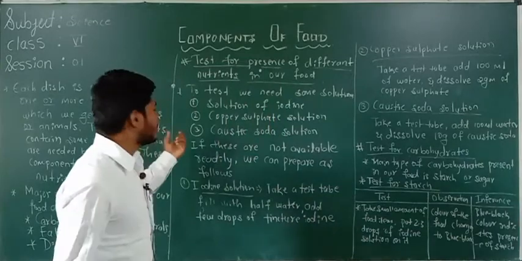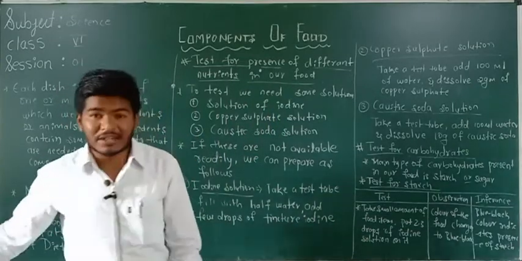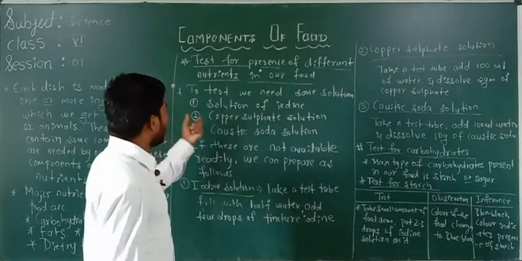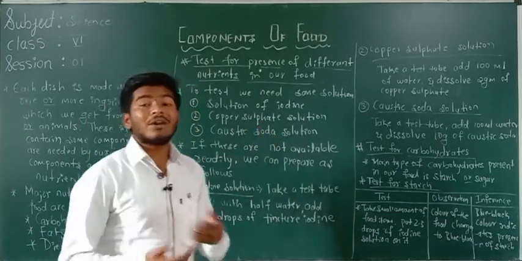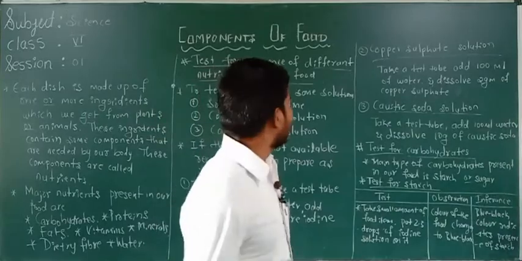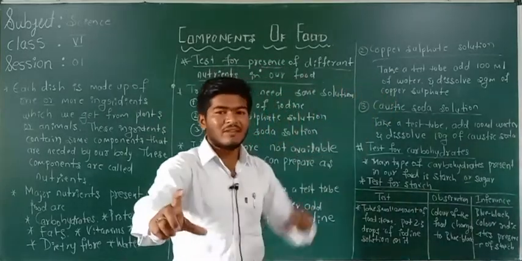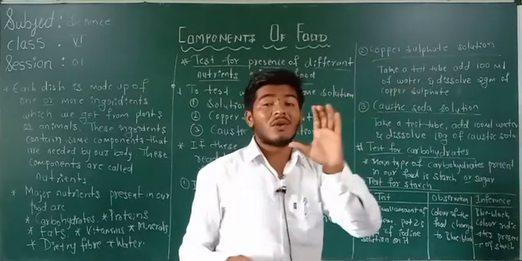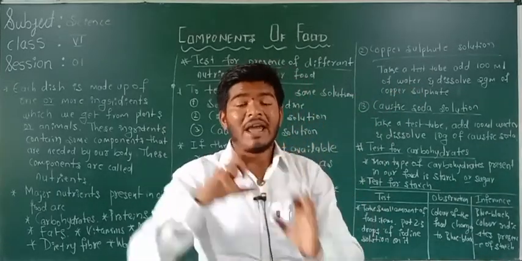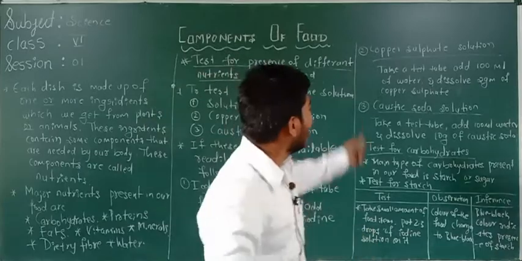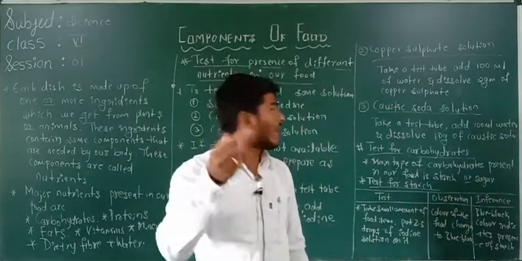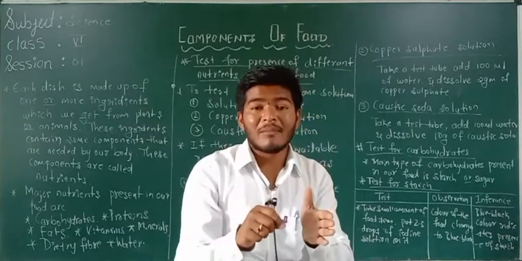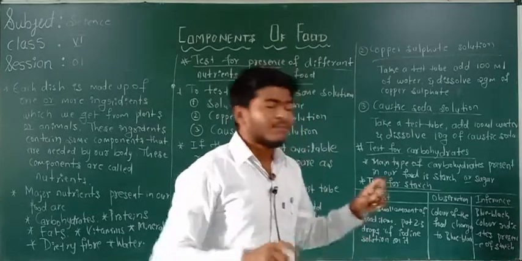The second solution which we need to test the nutrient present in our food is copper sulfate solution. How are we going to make a copper sulfate solution? Again you have to take another test tube. Add 100 ml of water here, not half of water, and dissolve 2 gram of copper sulfate and shake it well.